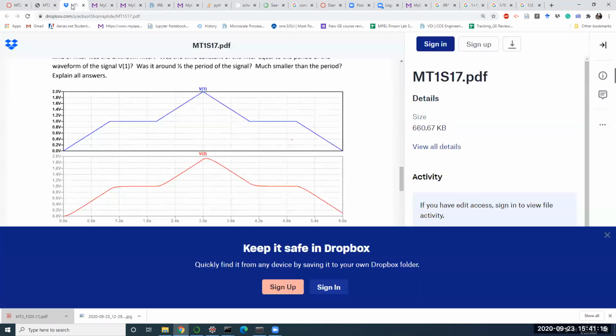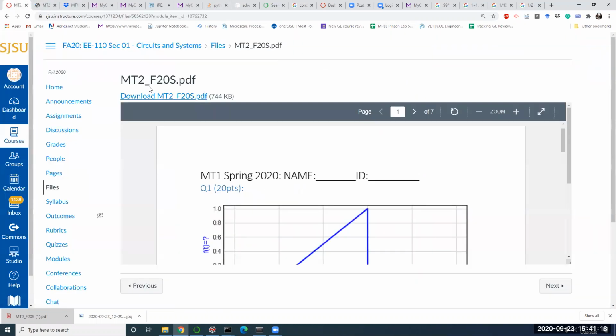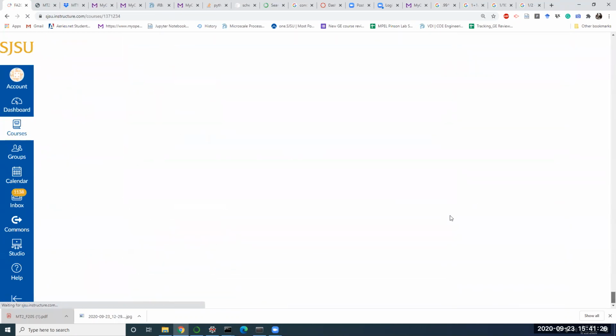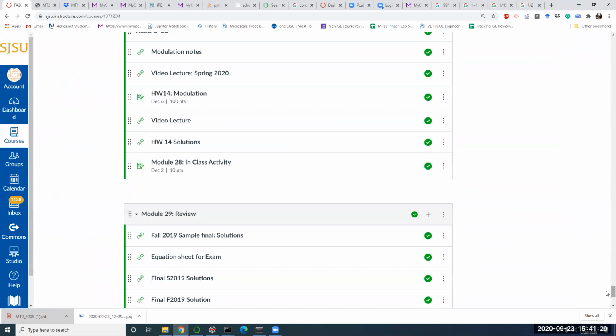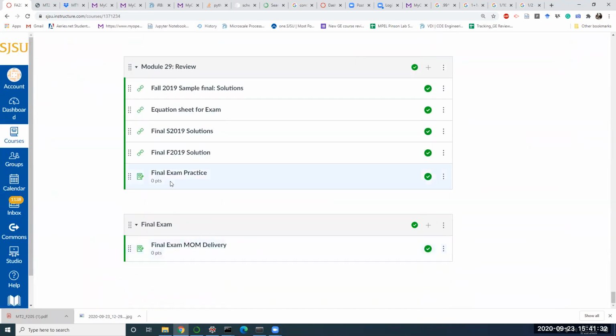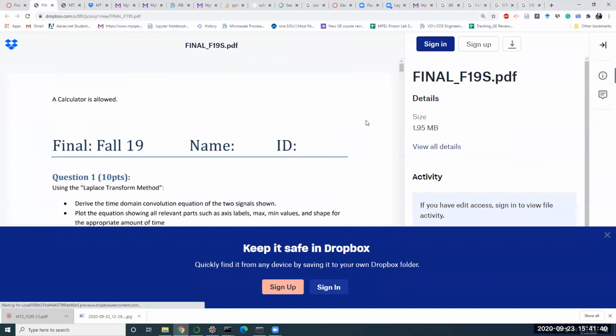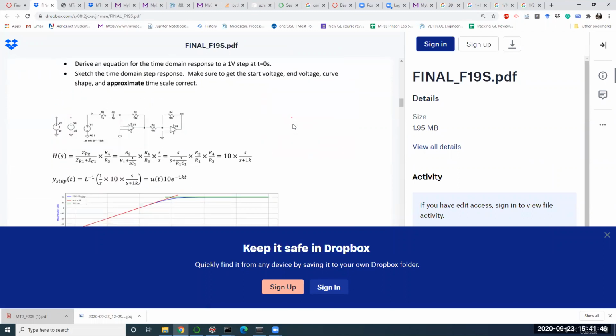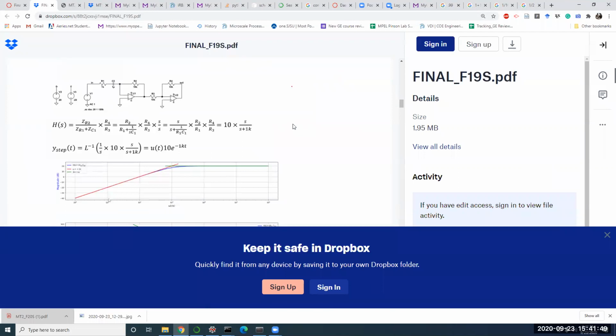Not only that, but sometimes you can also look at old final exams, of which the first 3 questions will be from the first midterm.